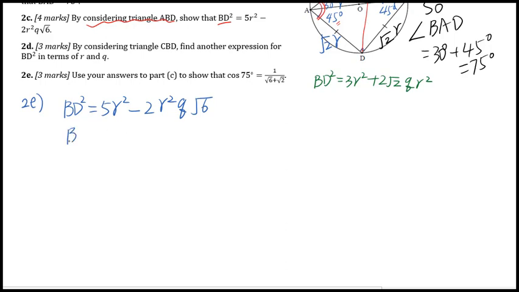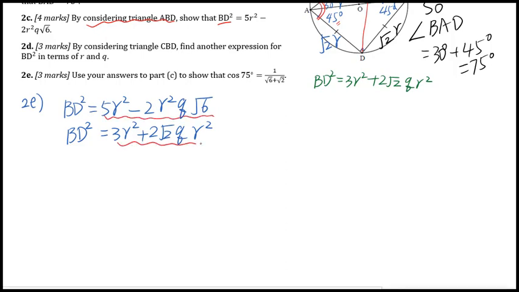We also got BD squared from 2D, that is 3R squared plus 2 square root of 2 qR squared. Therefore, these two are equal to each other.